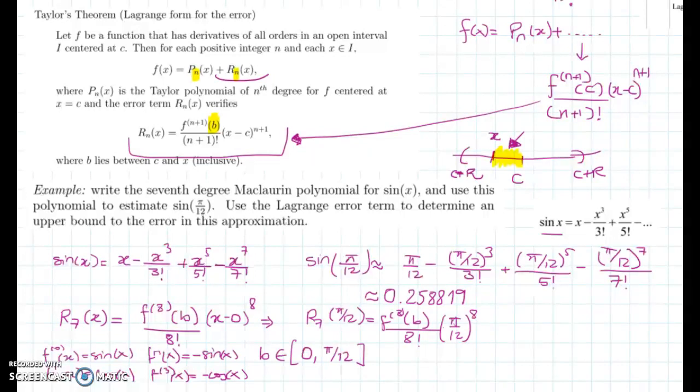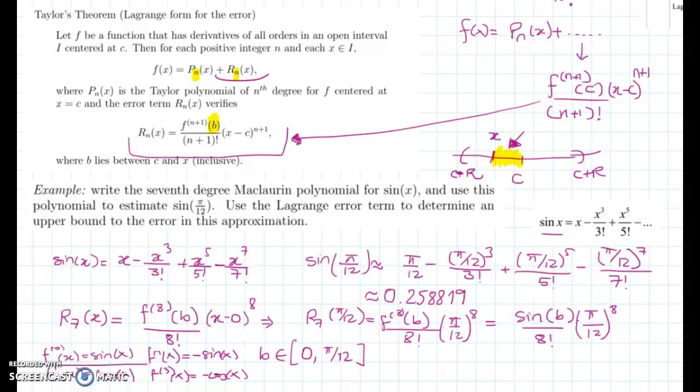And when we go to the fourth derivative, we go back to sine of x. So we have this cycle of 4 derivatives. So for 8, we are going to be back at the beginning of the cycle. So this is actually just the function sine evaluated at some value b, and then again this pi over 12 to the power of 8 over 8 factorial.